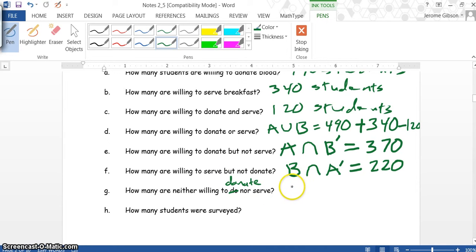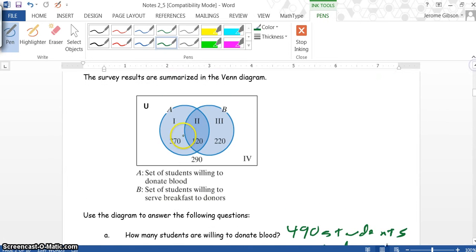So we will have the complement of A intersect the complement of B. Now, when we go up here, just to restate this, the complement of A is region 3 and region 4.